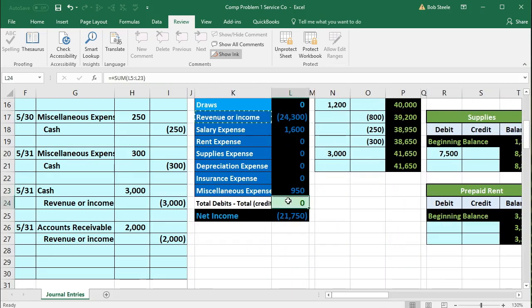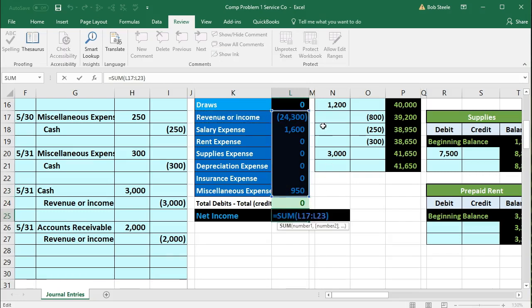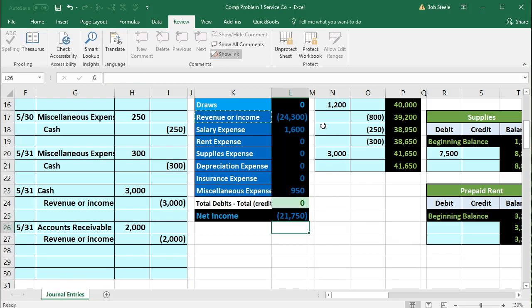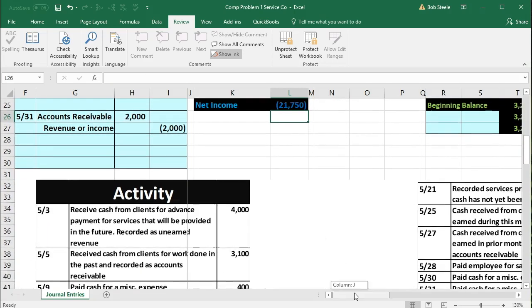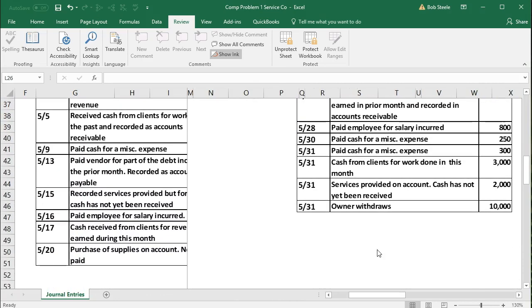We are now back in balance. We see that net income is revenue minus expenses, credits of 24,300 minus the debits of 1,600 and 950 for 21,950.